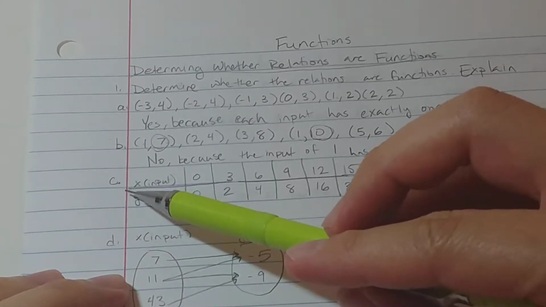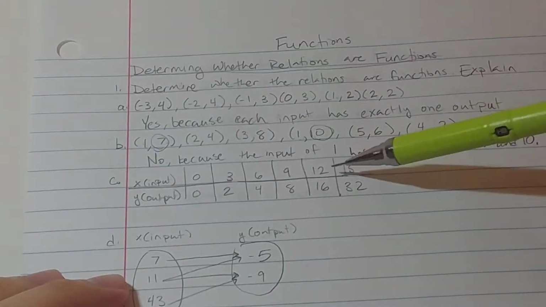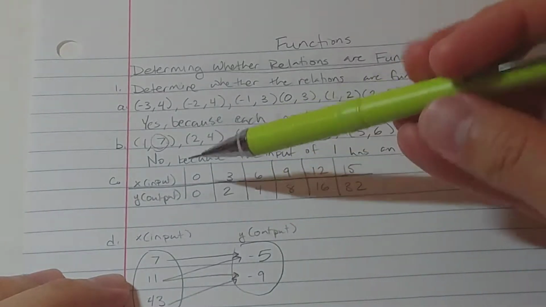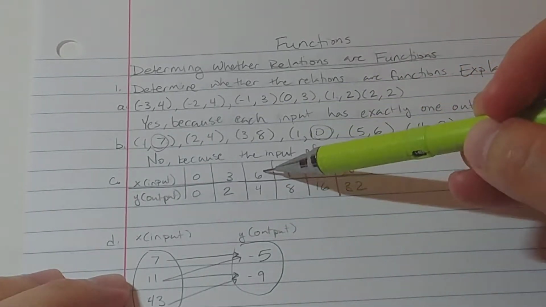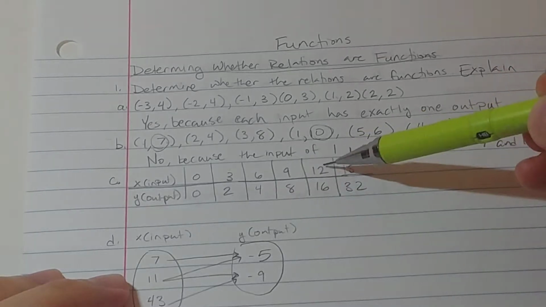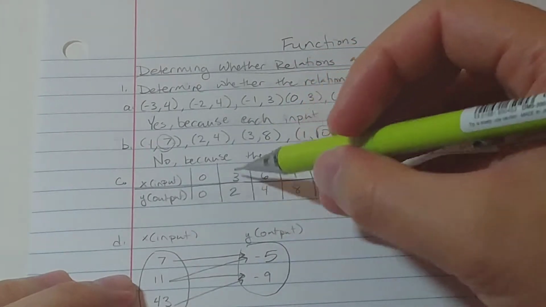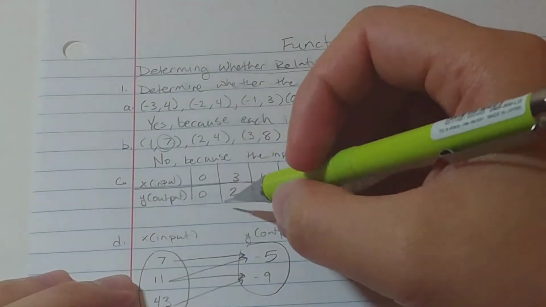And for C, we have a table here. We have the inputs and we have the outputs: 0, 0, 3, 2, 6, 4, 9, 8, 12, 16, 15, 32. If you're not good at reading tables, it's okay.